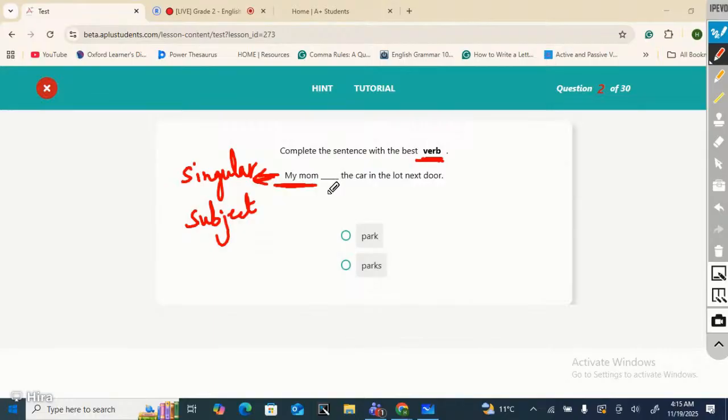And a singular verb ends in s or es, right? So park or parks. Parks ends in s. So parks is a singular verb. If the subject is singular, we will use a singular verb which ends in s. My mom parks the car in the lot next door.